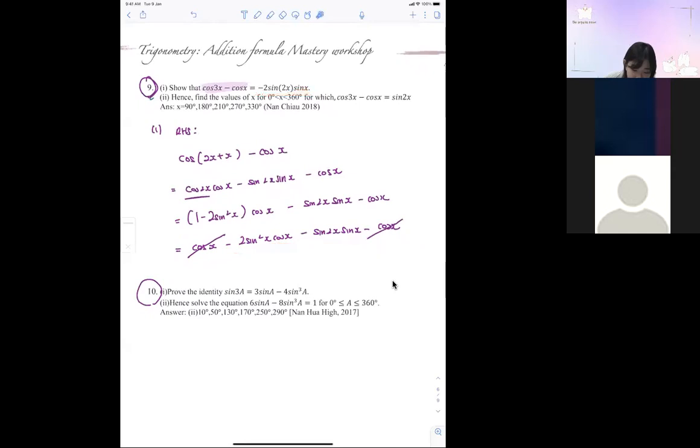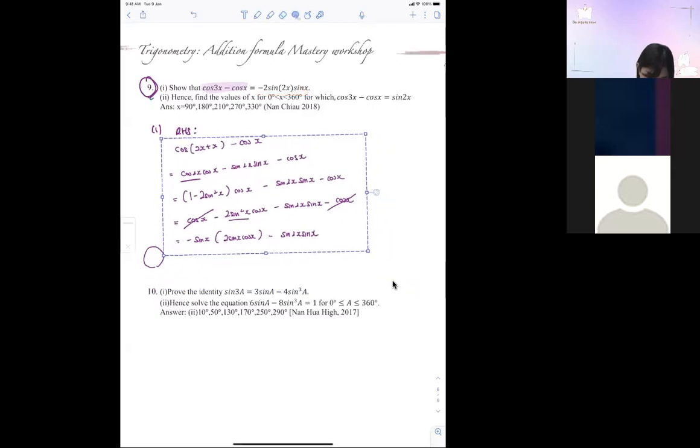So let's see. This part here, if I take out negative sine x, I will have 2 sine x cosine x. So what do you guys know about 2 sine x cosine x?